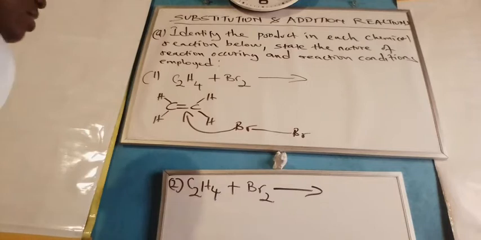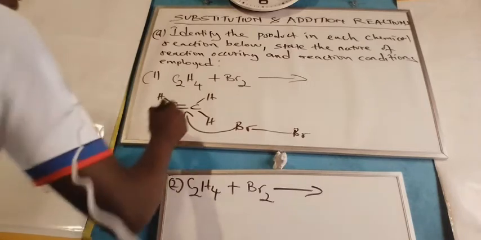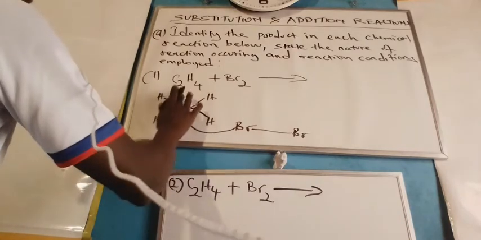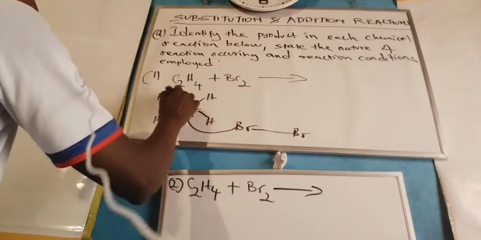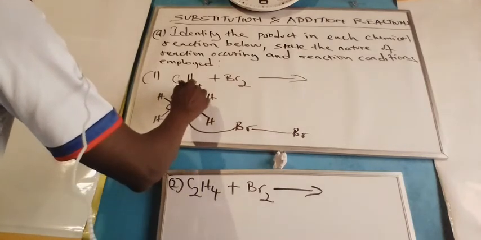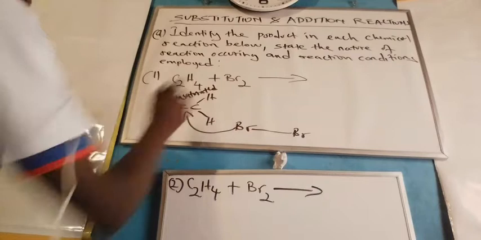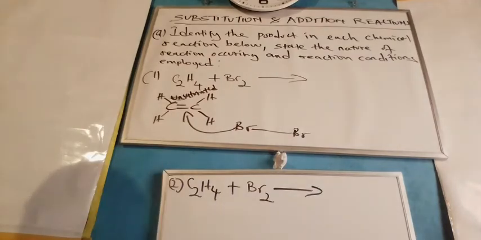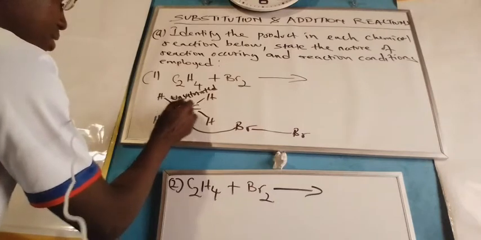However, this species is unsaturated because of the double bond. Since it is unsaturated, there is the chance for effective breakage of the bond.